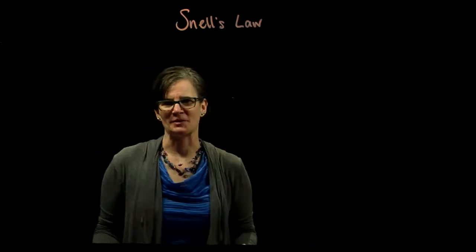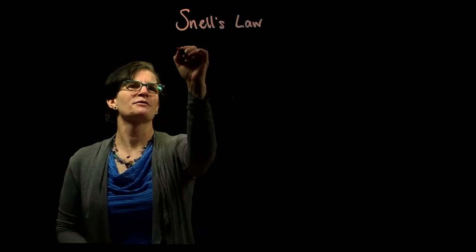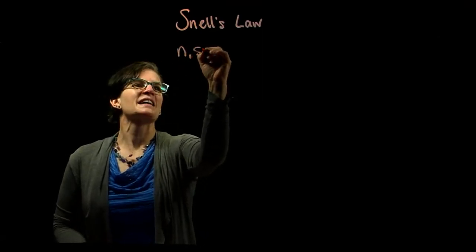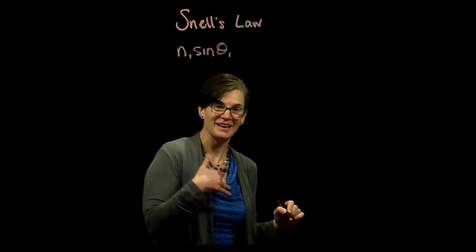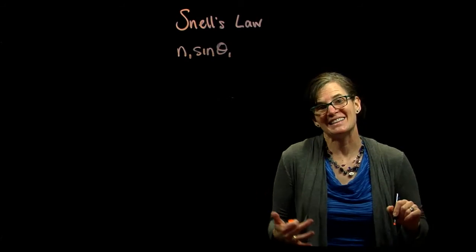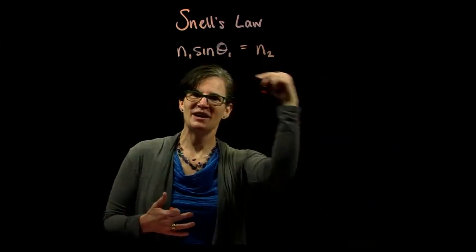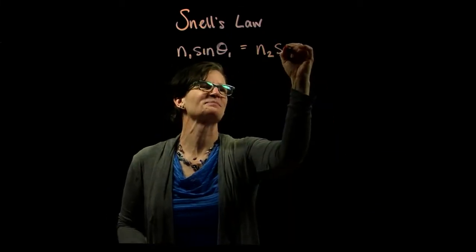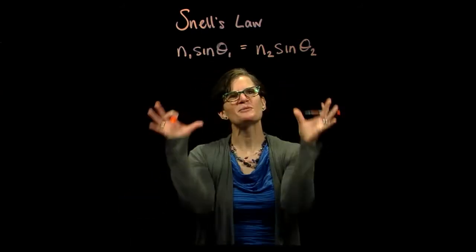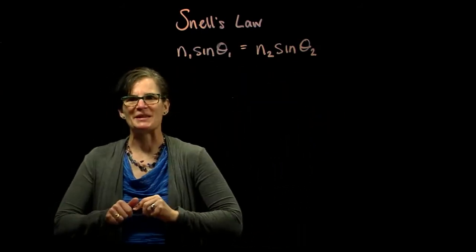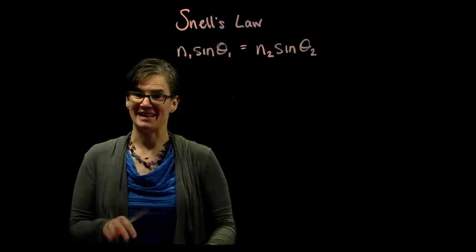Snell's Law tells us that the index of refraction of one medium times the sine of the angle for that medium, so the angle at which the light ray hits the boundary, is equal to the index of refraction of the second medium times the sine of the angle for that medium. So let's redefine what these things are so that we can clearly articulate what is represented here and then use it in an example.